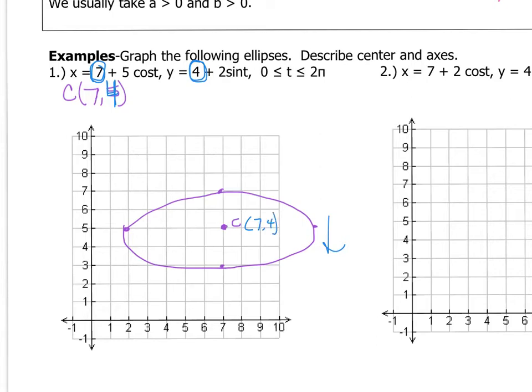Now, these values of a and b that are in front of our cosine and our sine give you what we call the horizontal and vertical axis.